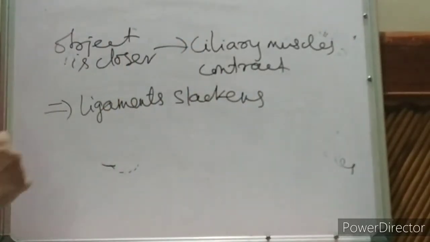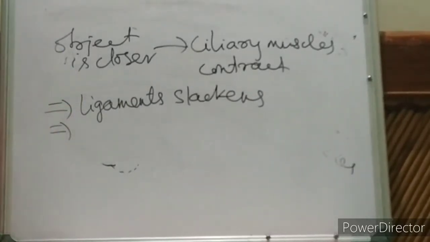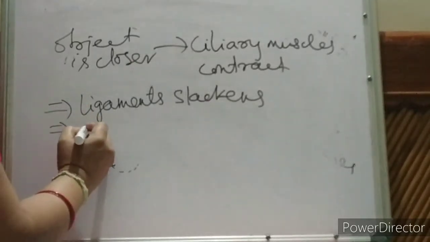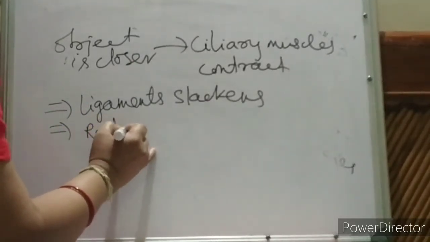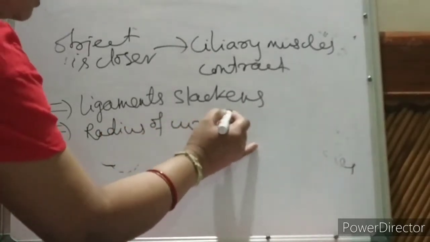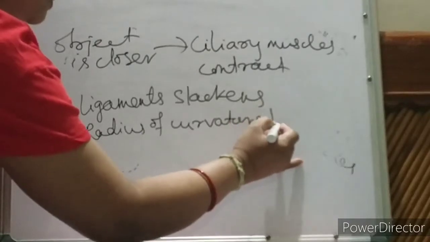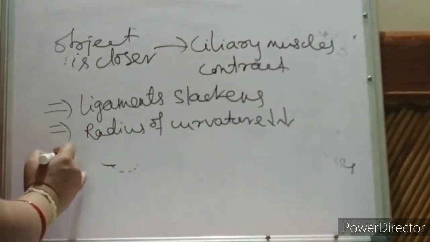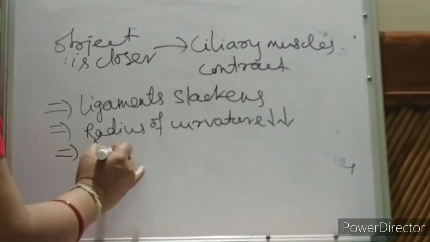If ligaments slacken, then what will happen? The radius of curvature of the lens will decrease. If radius of curvature decreases, that means focal length decreases.